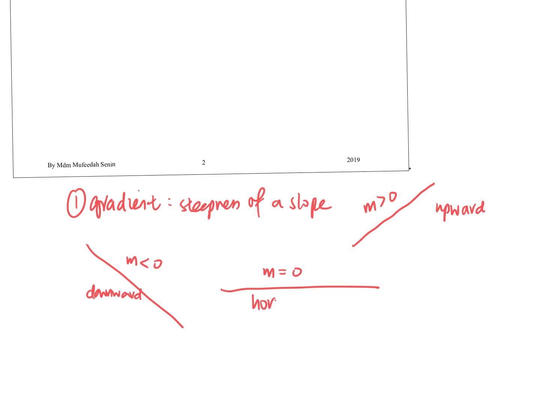So it's a horizontal line. However, if it's ever vertical, which is physically impossible for you to move upward vertically, then the gradient we say is undefined. So 4 types of gradient you will see. Type A, B, C, D.